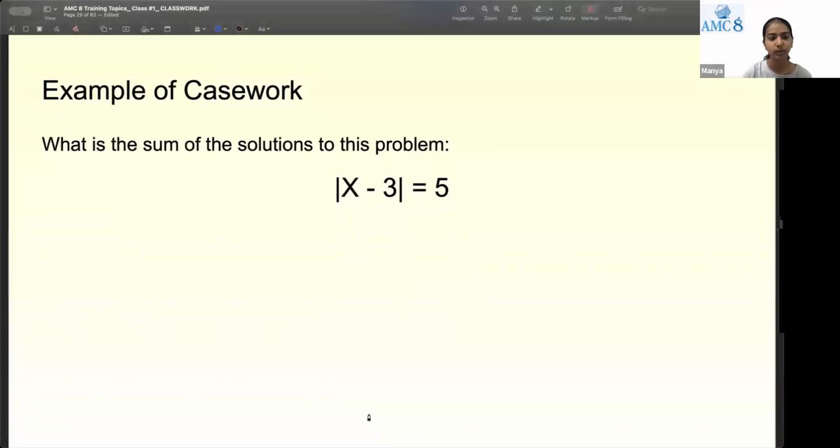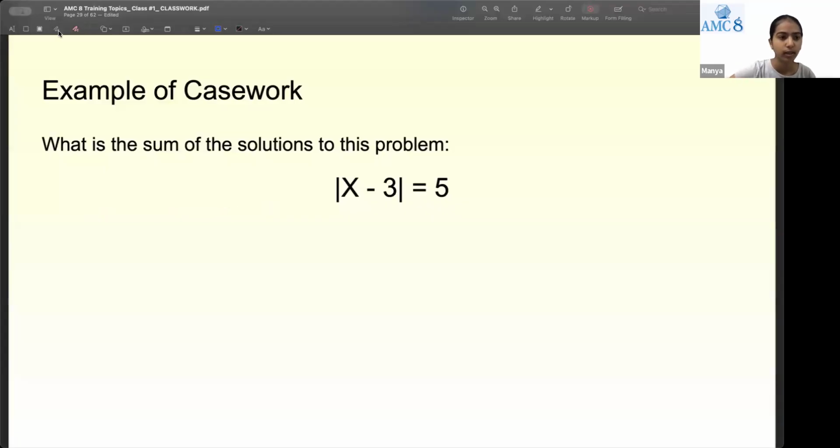Another example of casework is: what is the sum of the solutions to this problem? So first we need to find the solutions. We need to find the values of x, and then we need to add them all together. This sign right over here symbolizes absolute value. The absolute value can never be a negative number because absolute value just means the distance from 0 to a point on a number line.